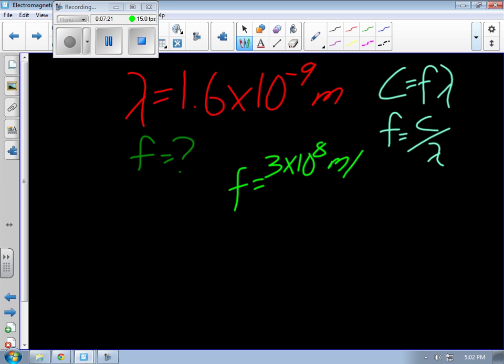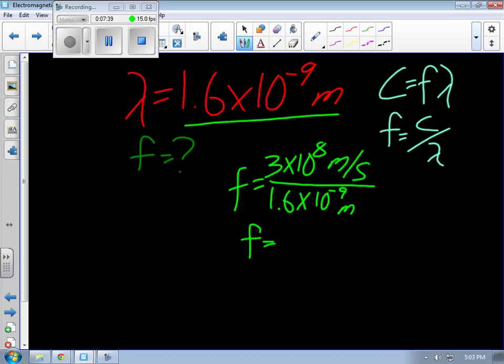I divide that by 1.6 times 10 to the minus 9th meters, which we got from right here. And I come up with an answer for my frequency of 1.875 times 10 to the 17th hertz.